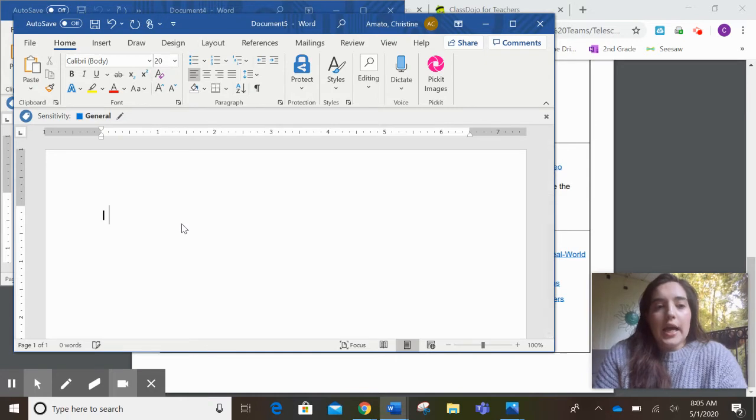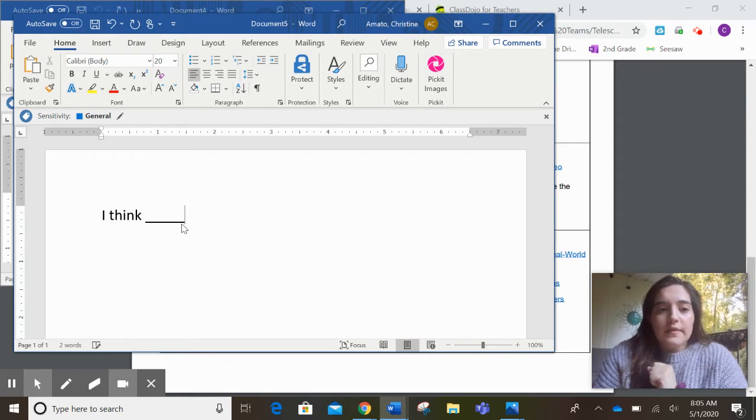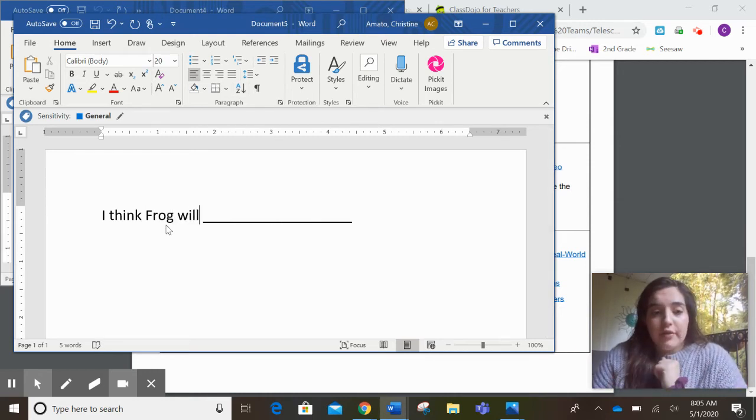We want to say, I think, right? Start with I think. I'm going to leave this blank because this is where you should fill in your prediction. So you might say, I think Frog will. What do you think Frog's going to do? And then don't forget, because there's not just that question, there's a why. So because, why do you think that? So I think Frog will.